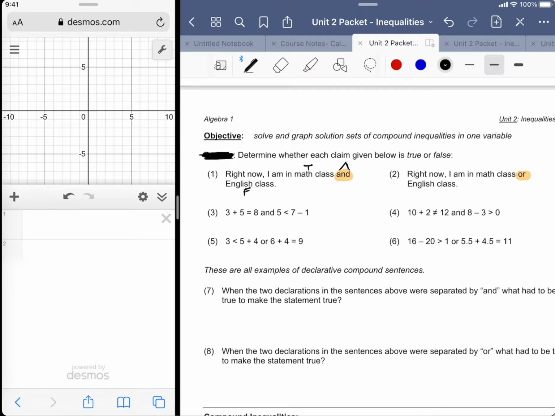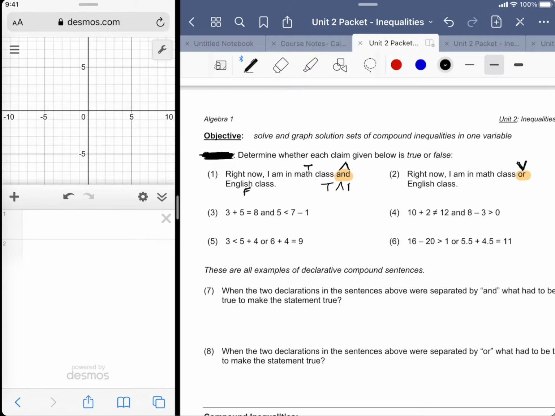Honestly, that's how I remember it, because the "or" is the reverse of that. Now that one really is a V, but there's nothing about the letter V that makes me think of the word "or". The symbol for "and" looks kind of like an A, and starts with an A, so that's how I remember it.